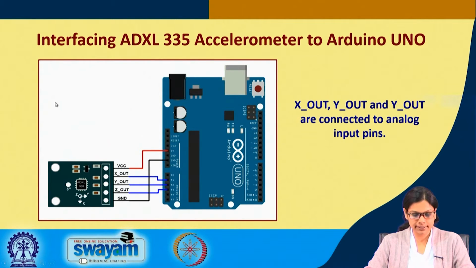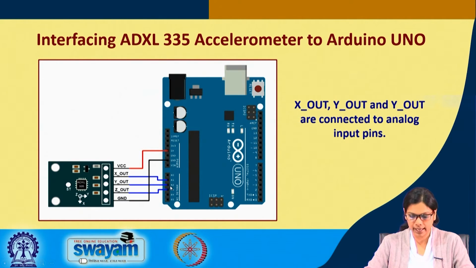Now, the interfacing is fairly straightforward, and we have shown it using Arduino. We have done the experiment using STM, which we will show you next. Here VCC is connected to VCC, this is connected to ground, and X, Y and Z are connected to pins A1, A2, A3 depending on where you connect.